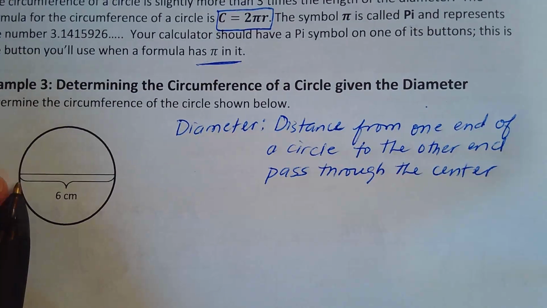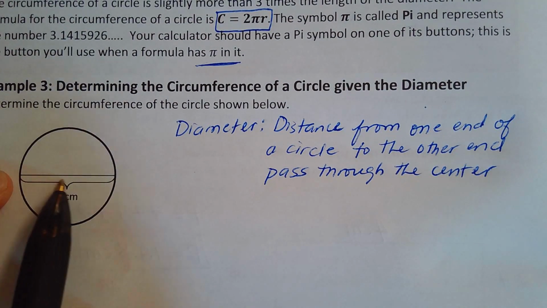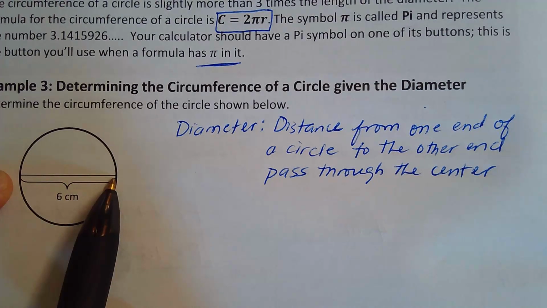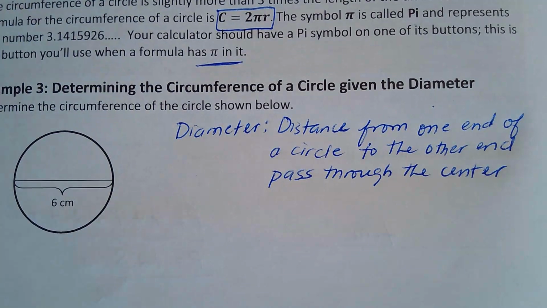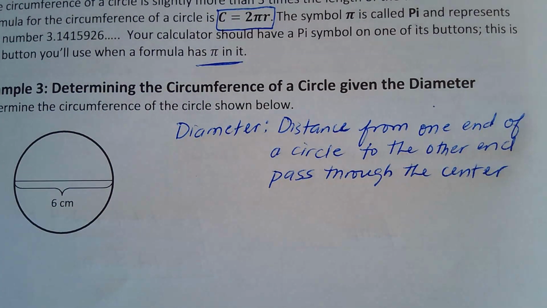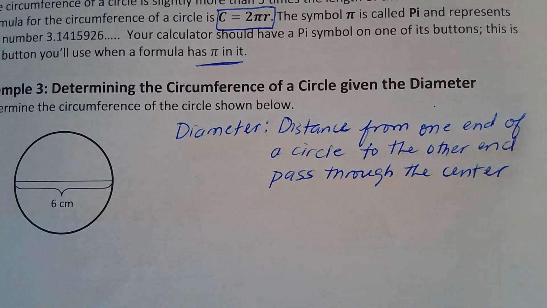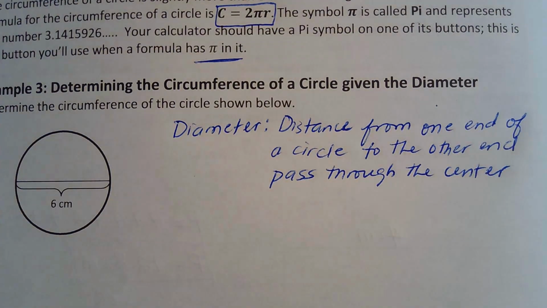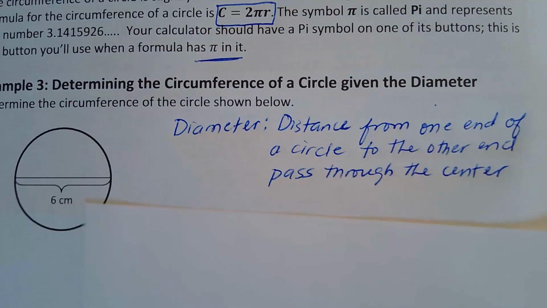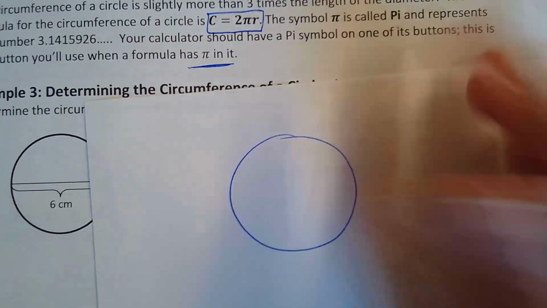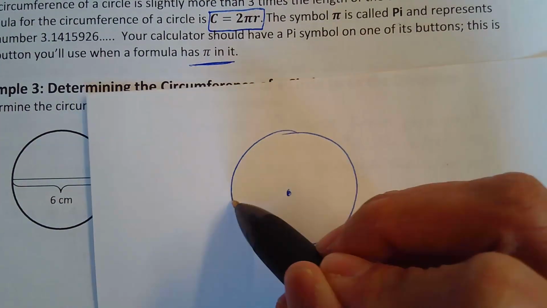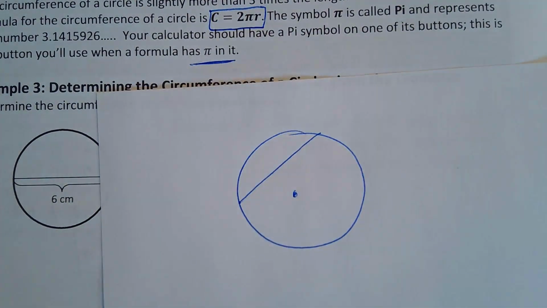So you want to go from one end of the circle to the other end, but it has to pass through the center. So if this is a circle, and this is the center, is this a diameter?